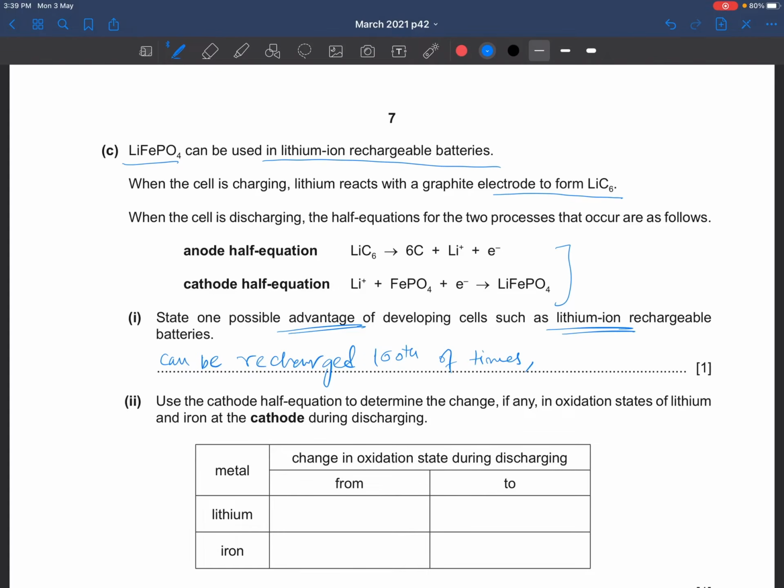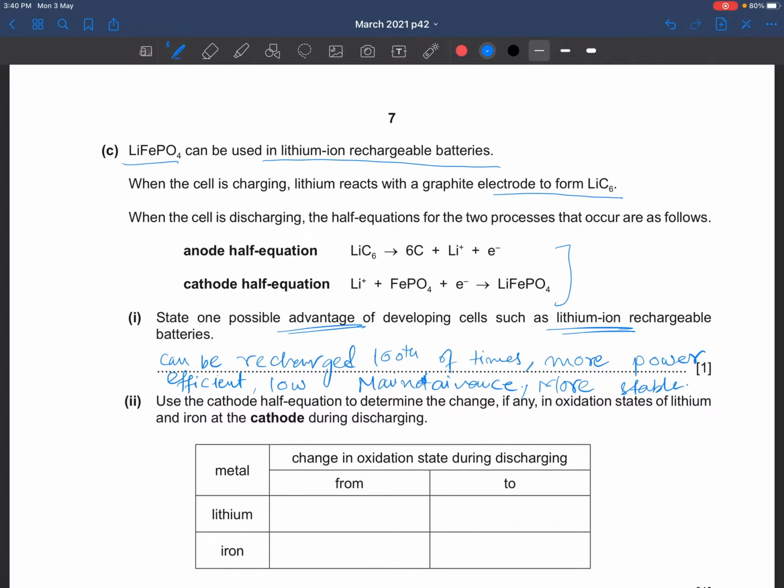Or we can say that this is more power efficient. You just have to write any one of them. It has low maintenance, and it is more stable. So these are a few advantages of lithium-ion rechargeable batteries.